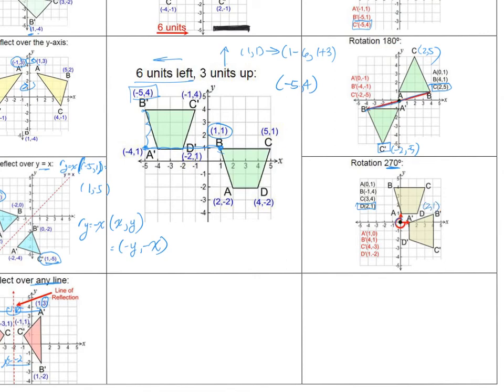We move it this way, and D would end up at this point here, and it's going to become (1, -2). So what happened here? From (x, y), the y and x are reversed, and then x takes the opposite of the original.